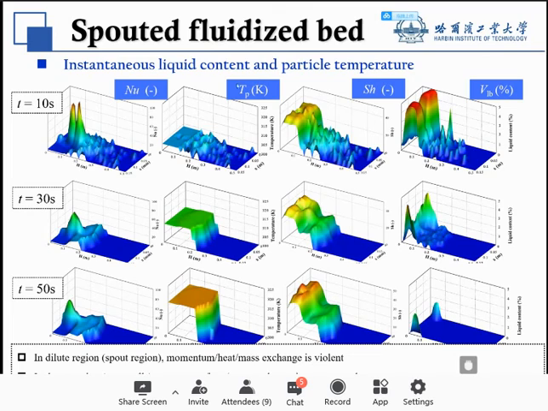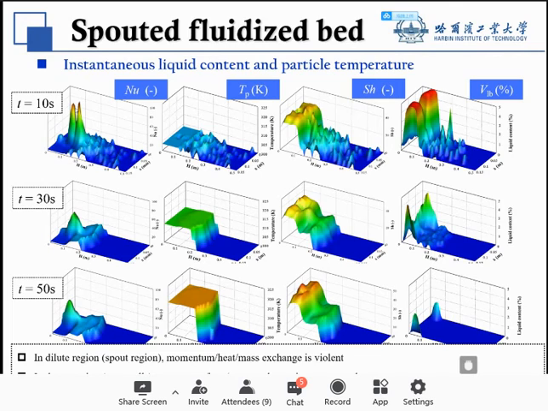From this figure, we can get the information directly, including the height of the different values and the different colors for the values. We can see that in the dilute region, the spout region in the middle of the bed, you can find that there are two peaks in this figure.